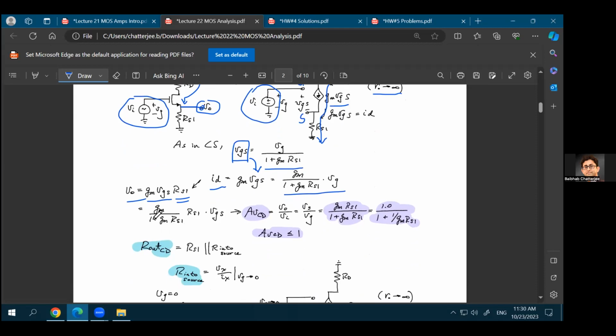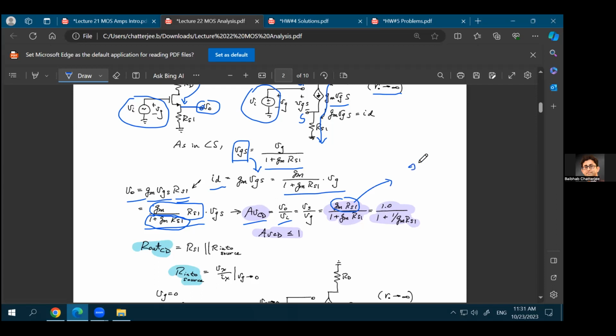So now you put the values: GM divided by 1 plus GM RS1 times RS1 times VG. So what will be your voltage gain? Voltage gain will be output voltage divided by input voltage, and that will turn out to be GM RS1 divided by 1 plus GM RS1. Now you can readily imagine if your GM RS1 is much higher than 1, let's say GM RS1 is equal to 99.